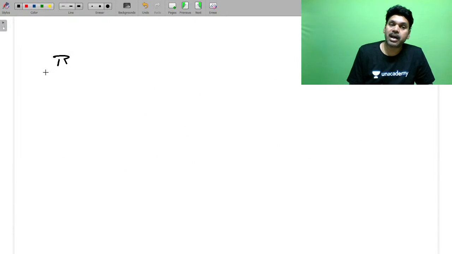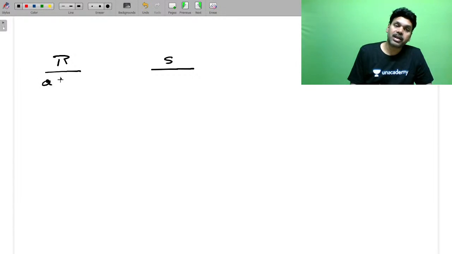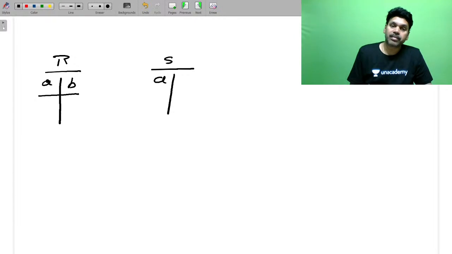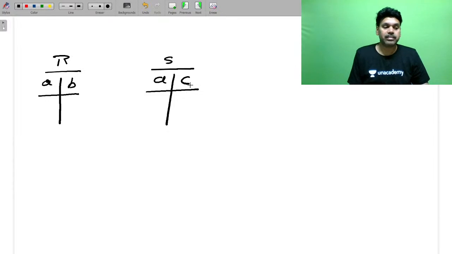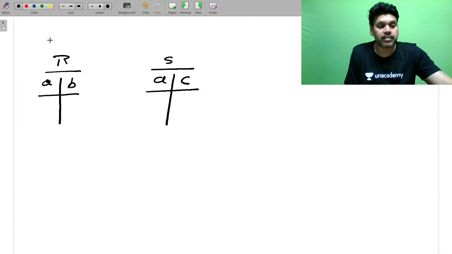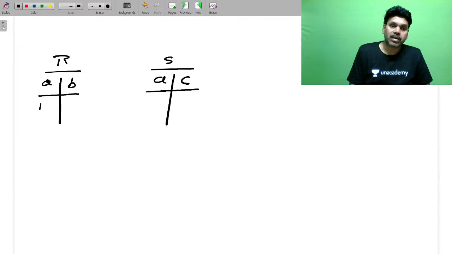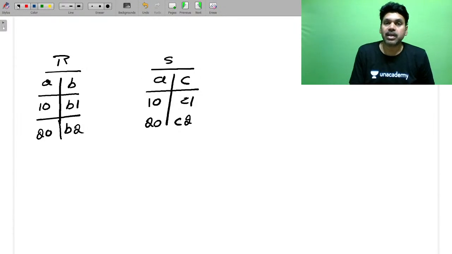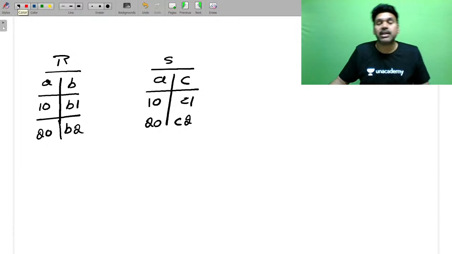Say there is an R and there is an S, R consists of A and B, and S consists of A and C. R has 10 and B1, 20 and B2; S has 10 and C1, 20 and C2. Please observe how I am doing. There is also a shortcut. First, let us learn the process. While discussing the problems in the next session, I am going to show you the shortcut techniques.